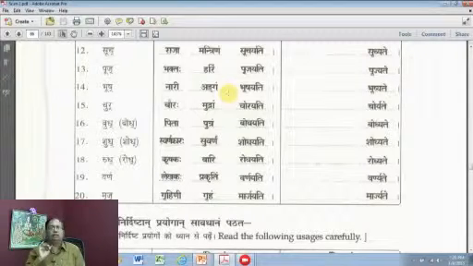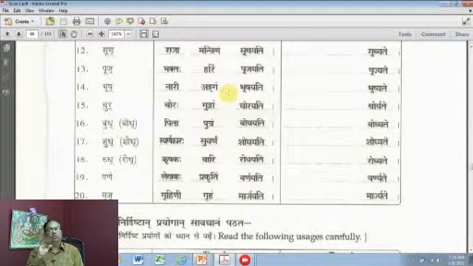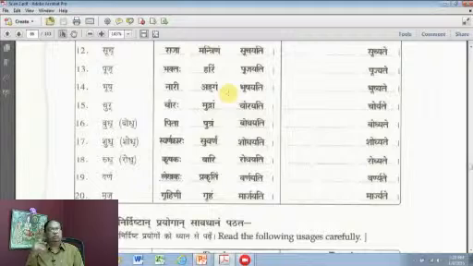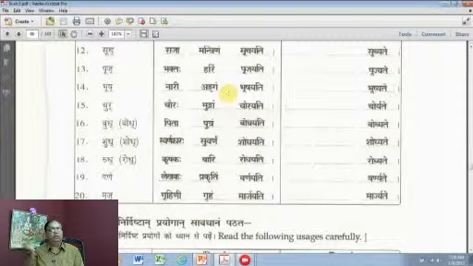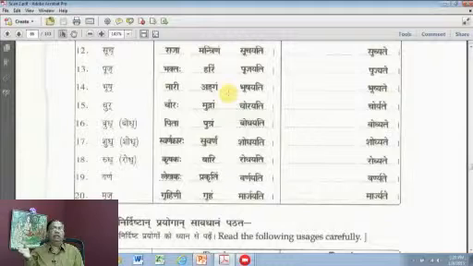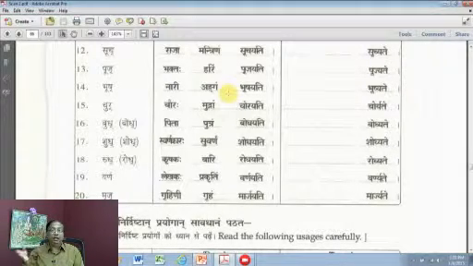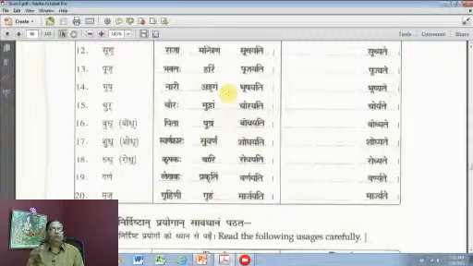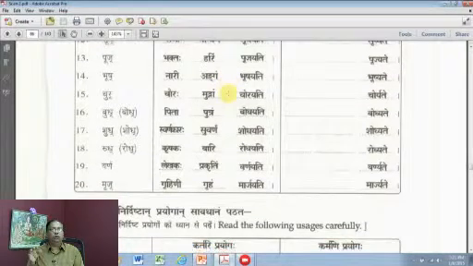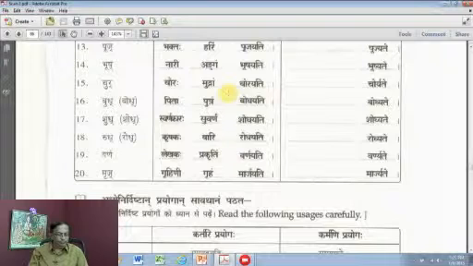Nari swasyaha Angam Bhushayati, Shariram Bhushayati. Nari is nadi-like. Narya angam bhushyate. The body is decorated by a lady.